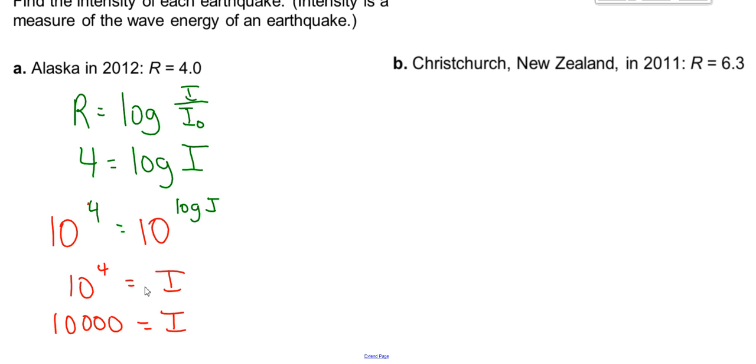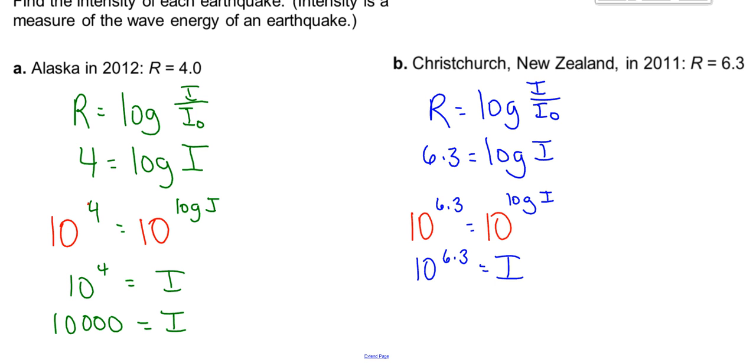And Christchurch, New Zealand, go ahead and find that one, and we'll see how that goes for you. So let's see how that worked out. For this one, we have that same formula, exponentiating using 10 as the base, and we get 2 million as the intensity. So notice how different that is from 4 to 6.3.